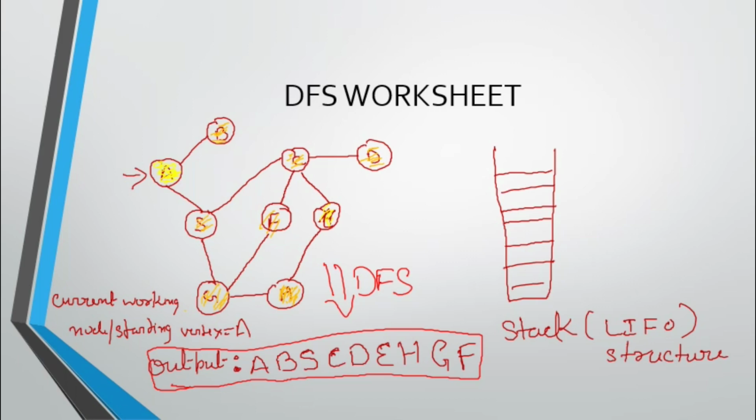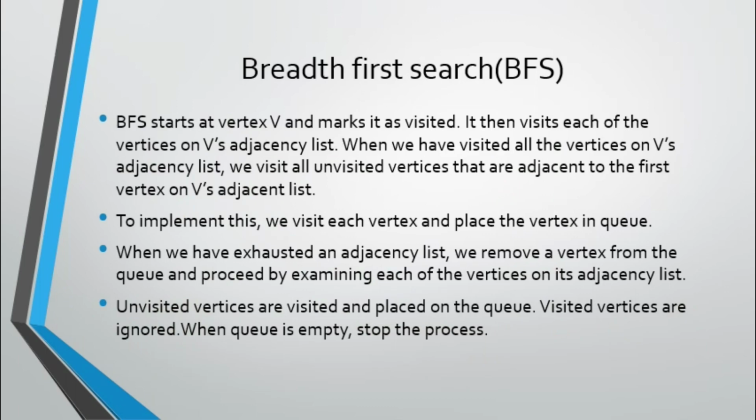Now let us talk about one more concept, called breadth first search, or BFS. We have properly understood DFS. Now in BFS, that is breadth first search, we make use of one more data structure, that is the queue. What is the rule of the queue?